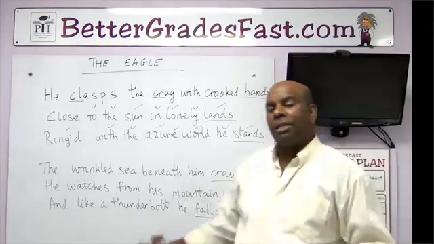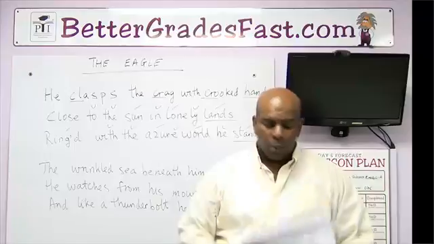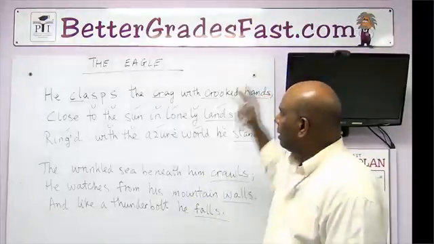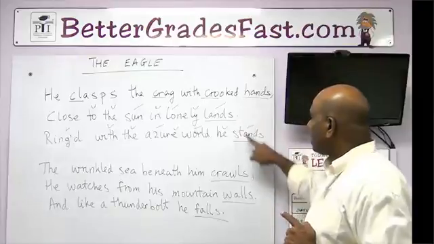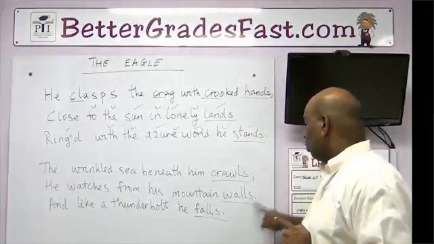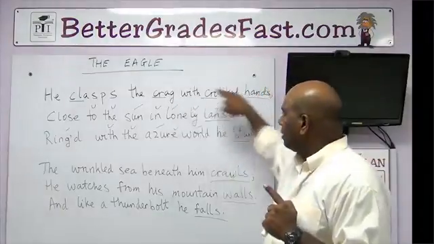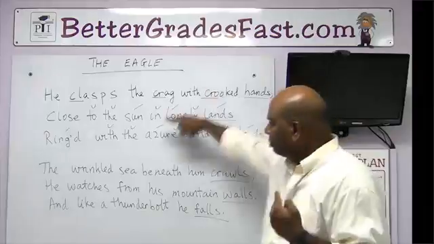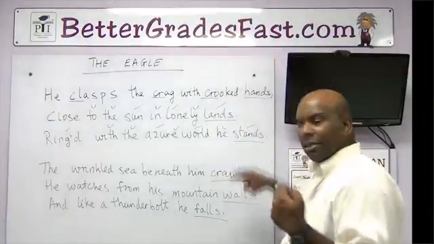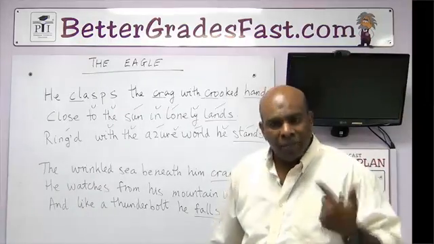So essentially, if you take a look at your notes in your workbook, you'll see that the rhythm is created through the rhyme, hands, lands, stands, crawls, walls, falls. It's also created through having the same number of syllables, meter, some stress, some unstressed in the lines, and through figurative language, figures of speech.